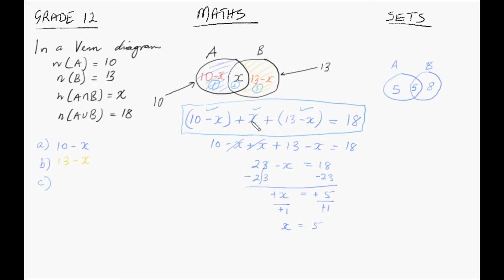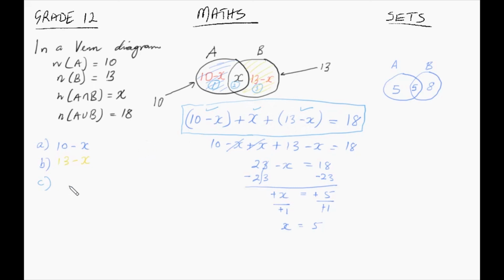So you add the number of elements in these three parts and equate it to 18, because that is the union. They said the number of elements in A union B equals 18. So we added the numbers here and equated them to 18. That's what we have done. This is the equation.